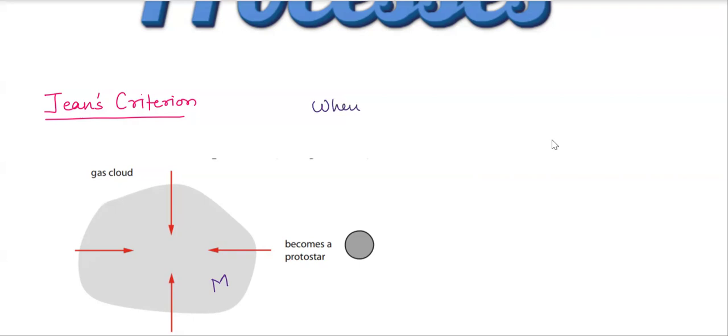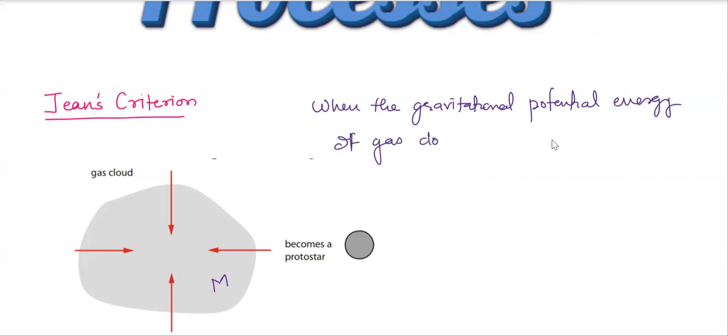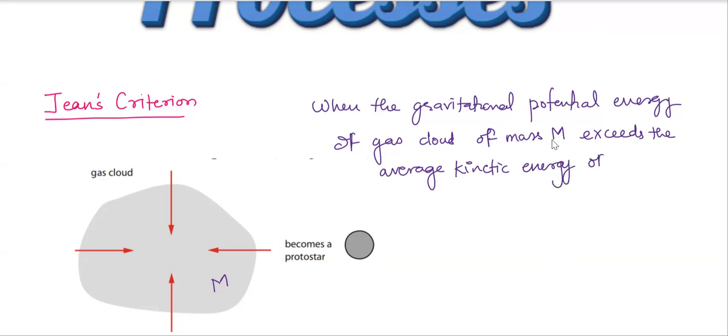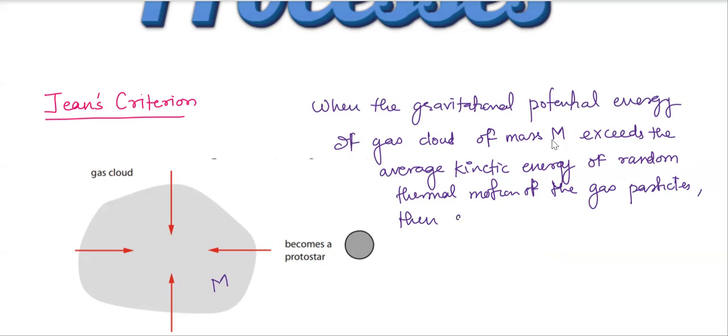When the gravitational potential energy of a gas cloud of mass m exceeds the average kinetic energy of thermal motion of the gas particles, then the gas cloud starts collapsing under its own gravity.